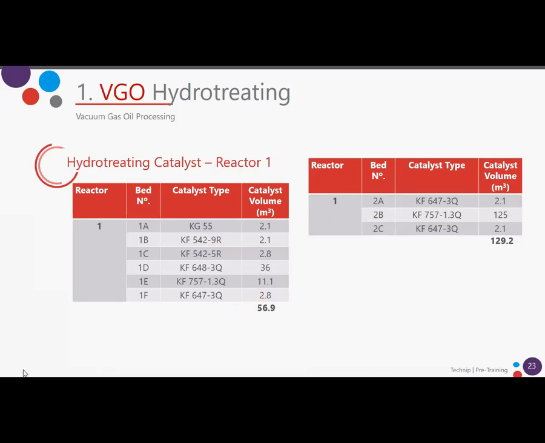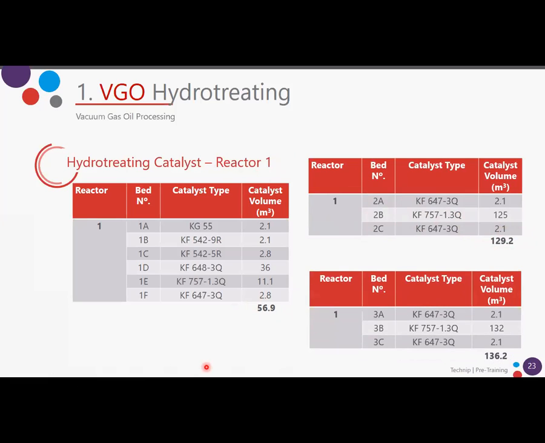But remember that we have 3 beds in each reactor. So in the second bed, you have 3 types of catalyst, and you will have this quantity of catalyst in the second bed. And in the third bed of reactor 1, you will have this quantity of catalyst.